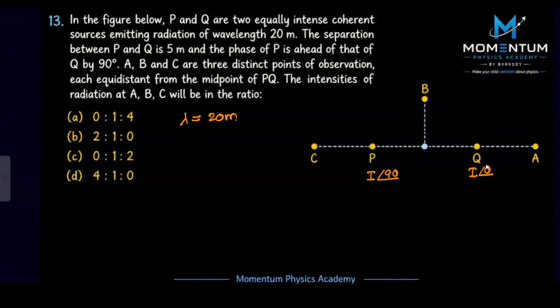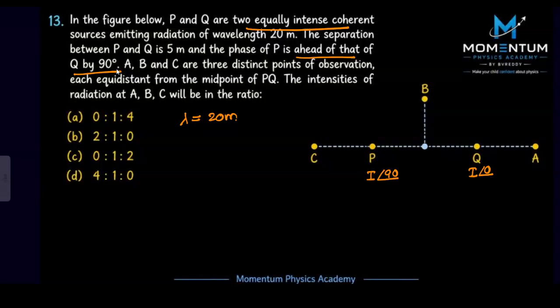P and Q have equal intensity, but P is ahead of Q by 90 degrees. Now we need to find the intensity at A, B, C.